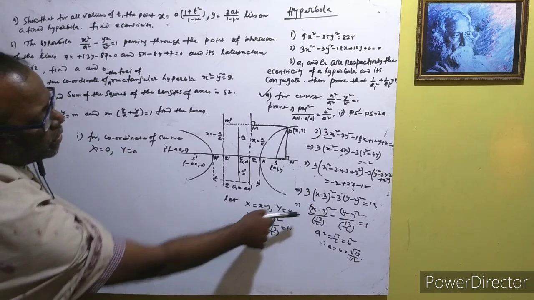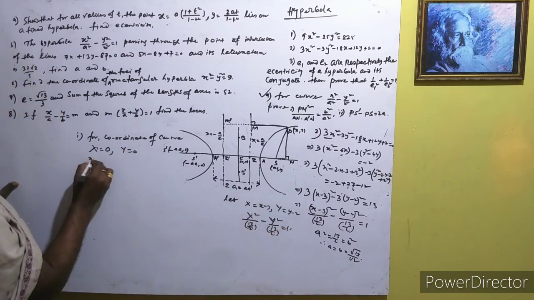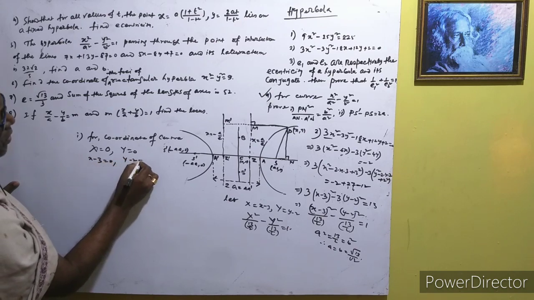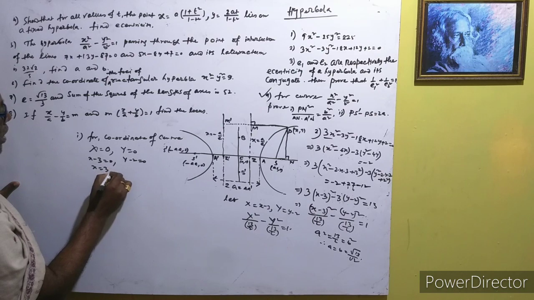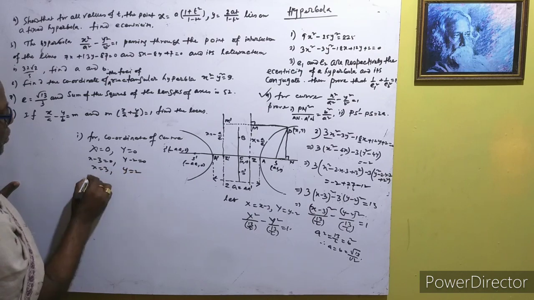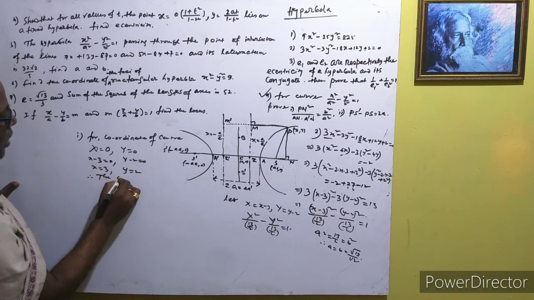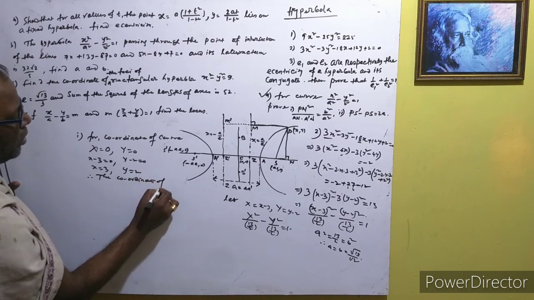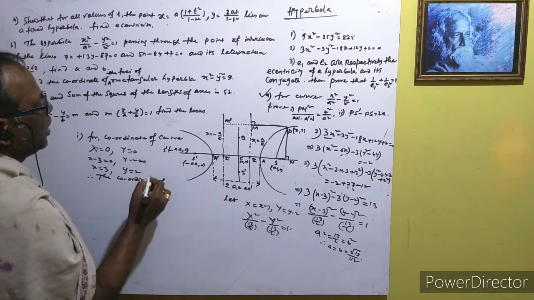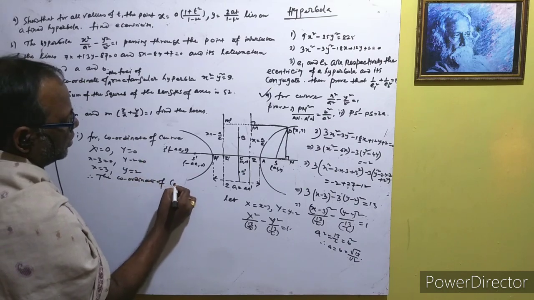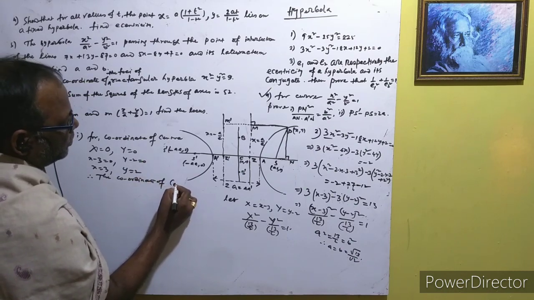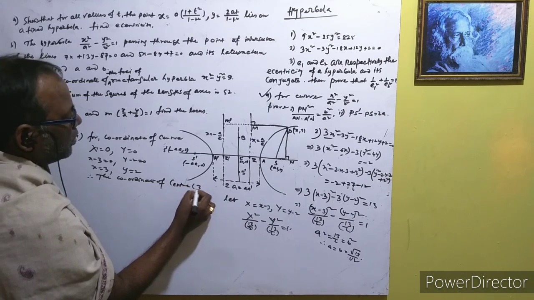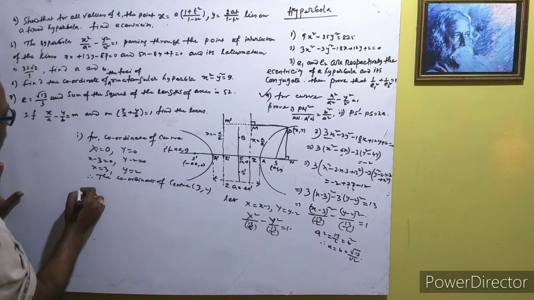And now X means x minus 3 equal to 0 and y minus 2 is equal to 0. So x is equal to 3 and y equal to 2. Therefore the coordinate of center is 3, 2.